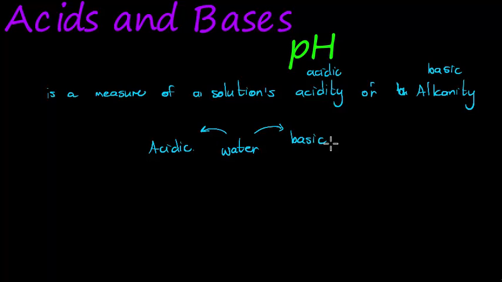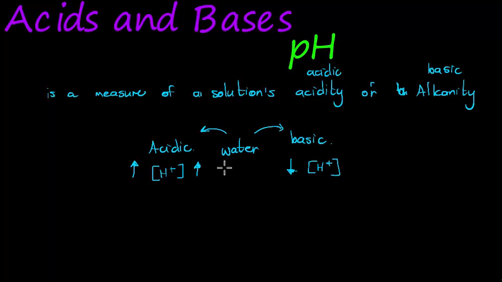Now, what makes the difference? Well, it's all about the concentration of hydrogen. If we add a substance to water and it increases the concentration of hydrogen, it means that it is acidic. If however we add it to water and it decreases the concentration of hydrogen, then it means it is a basic solution.